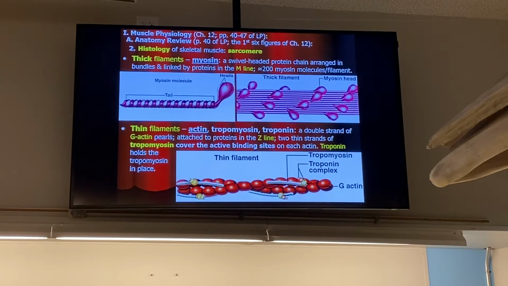So you have a double helix of golf balls, G-actin pearls. Each G-actin pearl has a binding site for a myosin head. There is a rope-like protein that blocks those binding sites. The binding sites smoothly go in also a double helix. Because it is a double helix, you need 2 ropes, and the name of the ropes are tropomyosin.